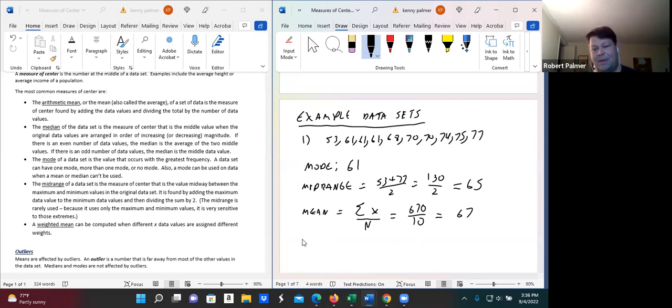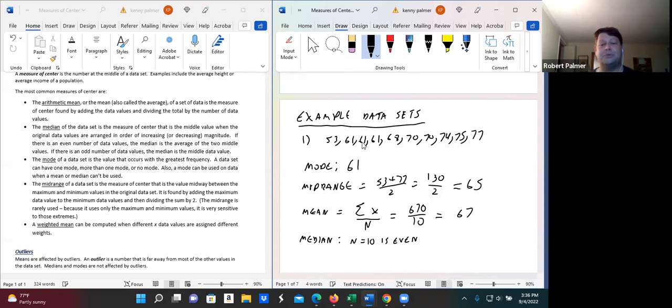Now, let's find our median test score. In this case, we have an even number. So n equals 10 is even.